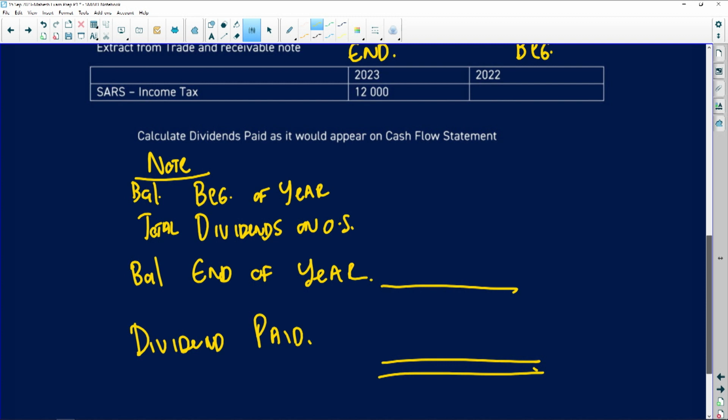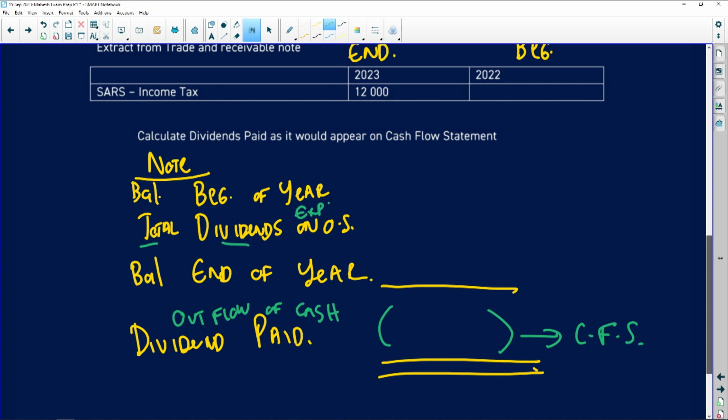Please remember, guys, total dividends for the year is the expense for the year, and this represents the actual outflow of cash. What was physically paid, how much money left our bank account for the year. And obviously that's the outflow that you will show in your cash flow statement.